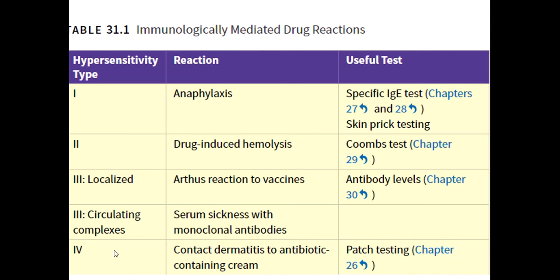And type 4, like contact dermatitis, for example, a reaction against antibiotic-containing creams, we use the patch test for the skin testing.